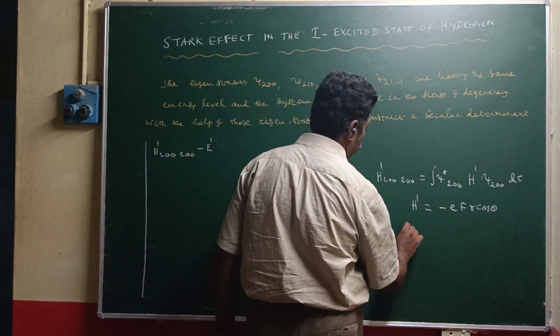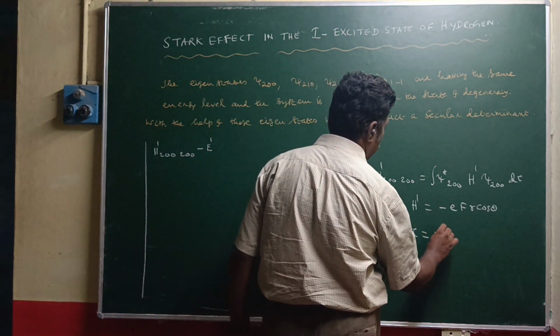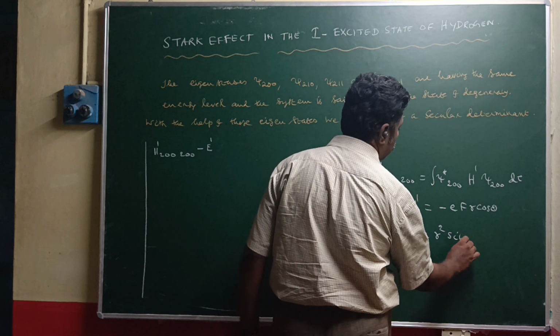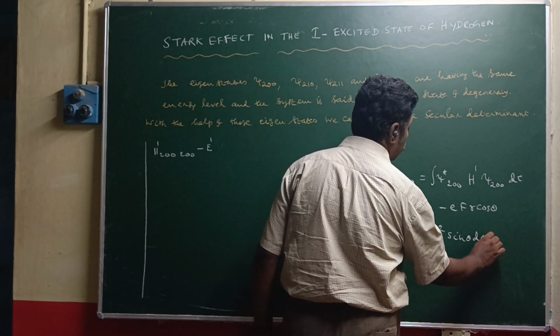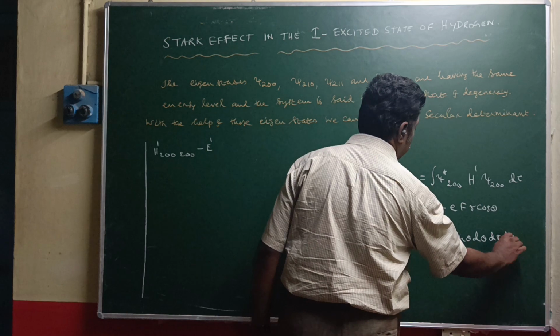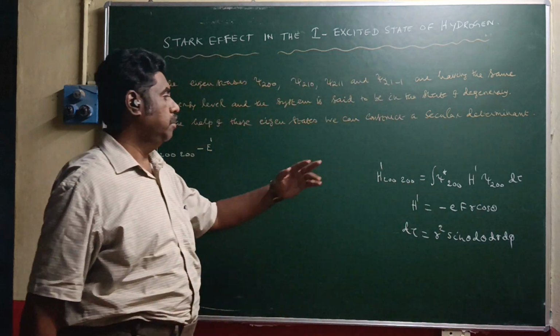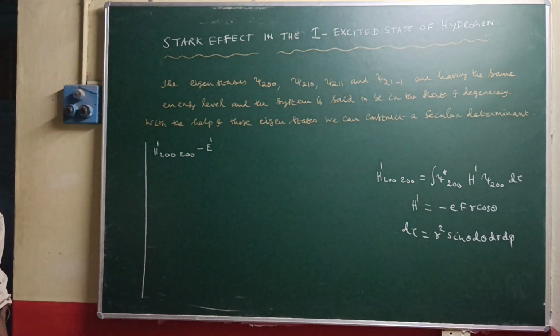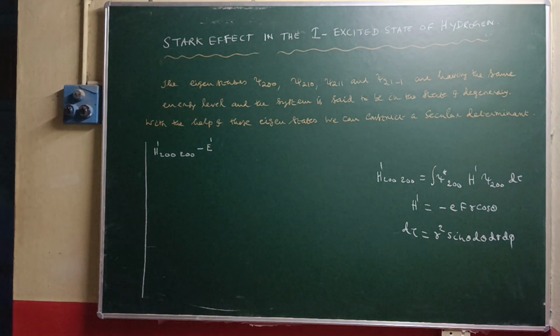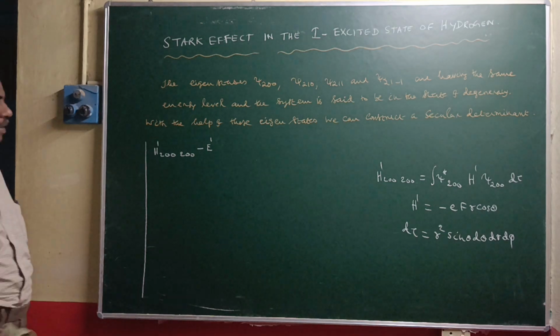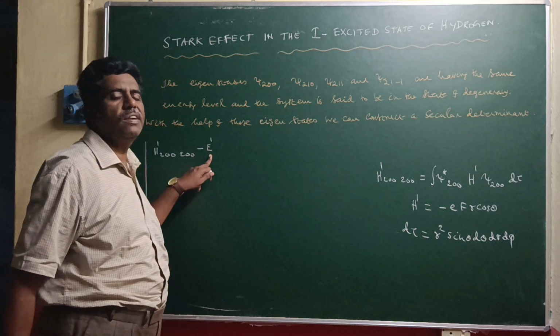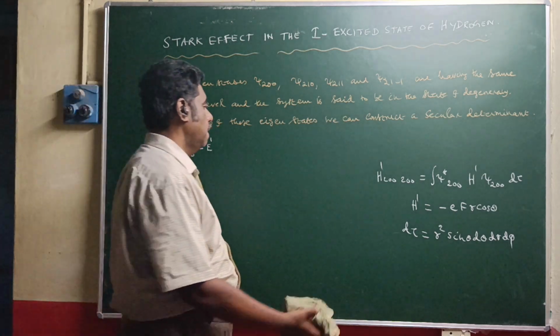Then d tau, the volume element, is r square sin theta dr d theta d phi. This is the meaning of H1 2 0 0 2 0 0. Now we have to construct this. Here E1 is the first order energy correction.